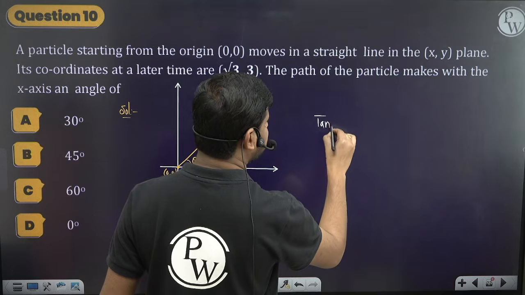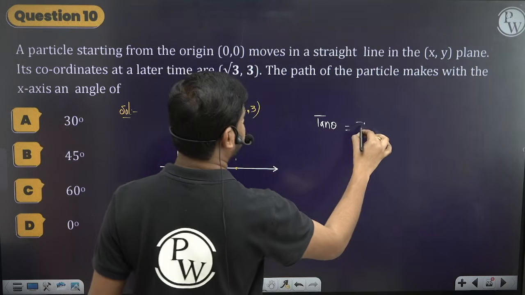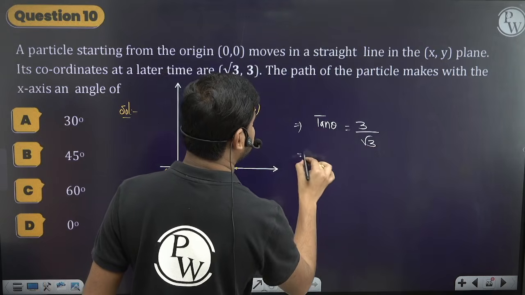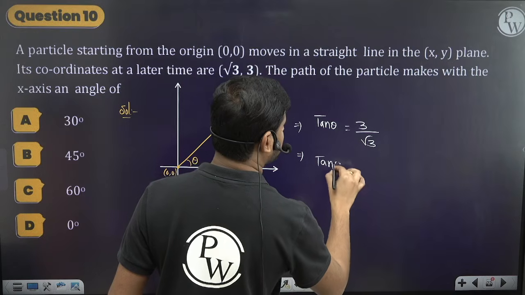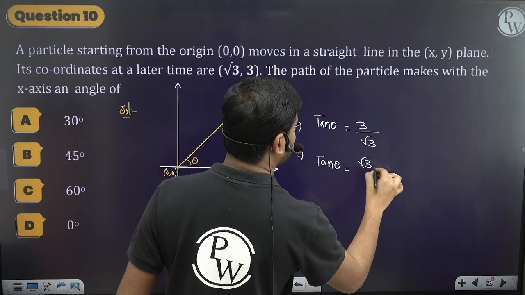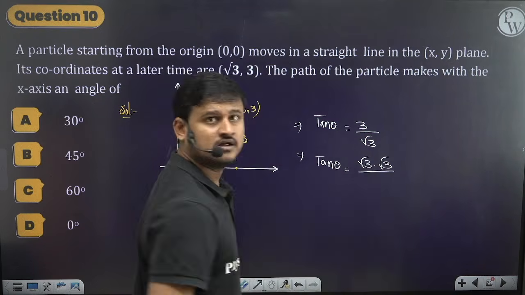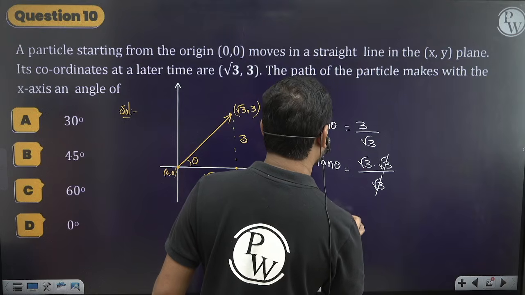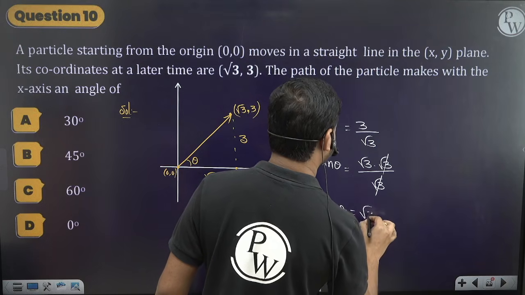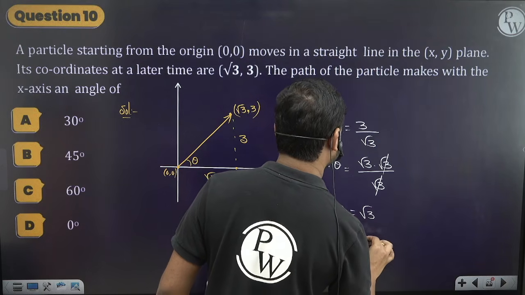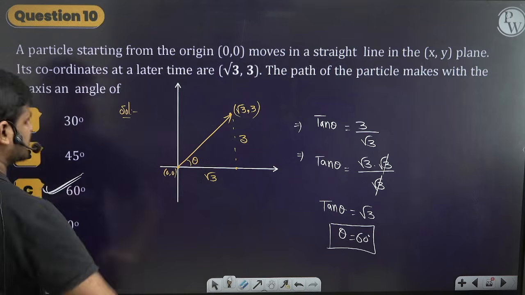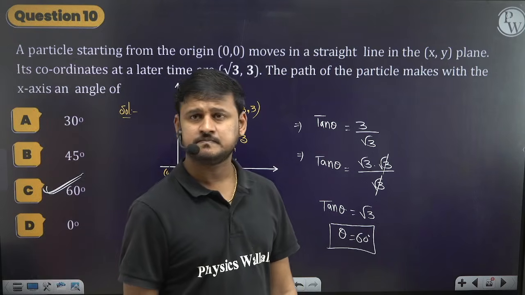Tan theta is opposite by adjacent, which is 3 by √3. I can write 3 as √3 into √3, so by √3, the √3 cancels. So tan theta is equal to √3, so theta must be equal to 60 degrees. Option C is the correct one. Clear? Sure.